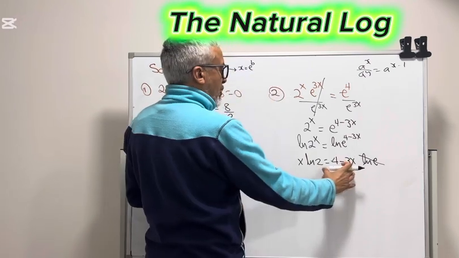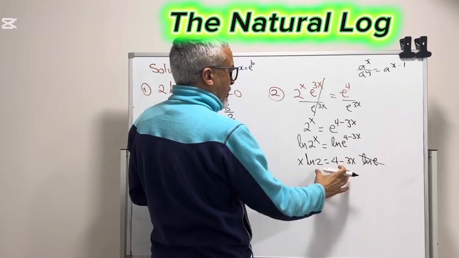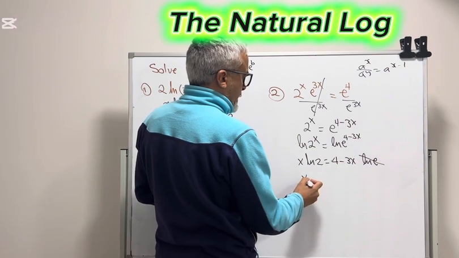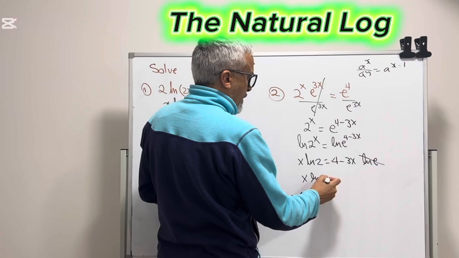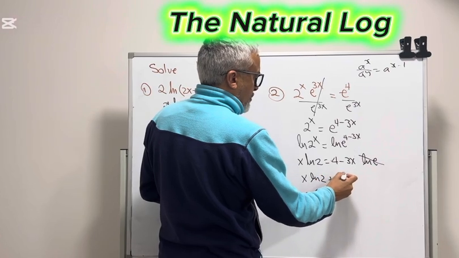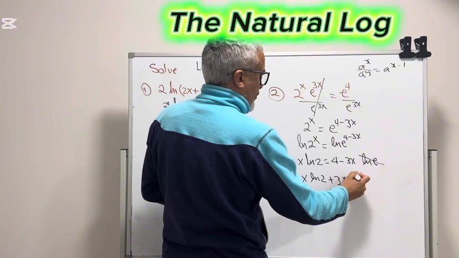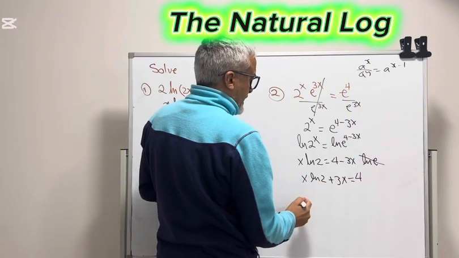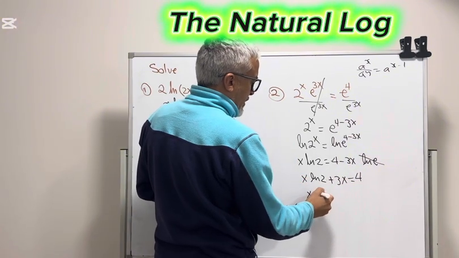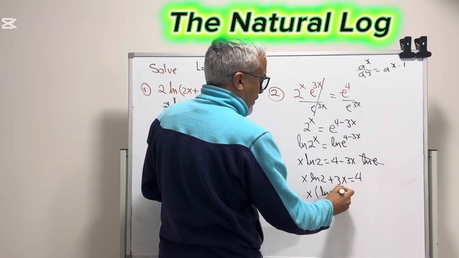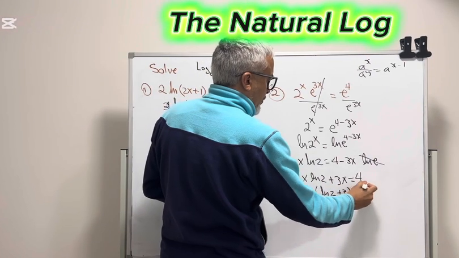Now to be able to solve for x, you want to bring everything that has x in it to one side. So I'm gonna write this as x ln 2 + 3x, moving the negative 3x to this side becomes plus 3x = 4. Factor out x as the greatest common factor from here, and you're going to get x(ln 2 + 3) = 4.